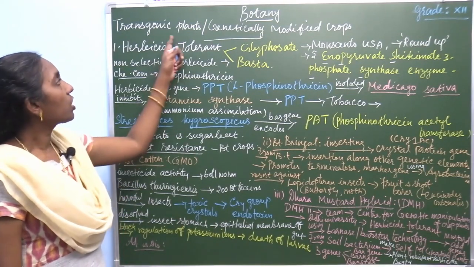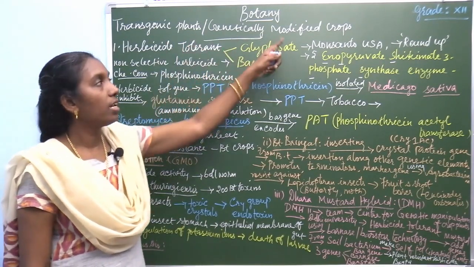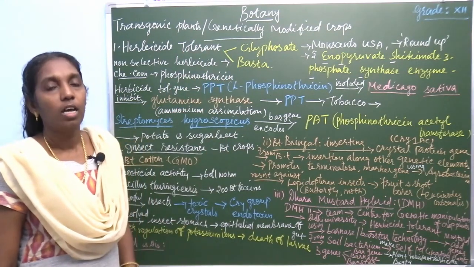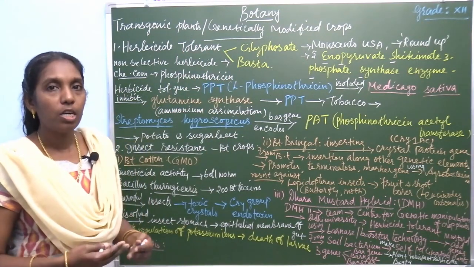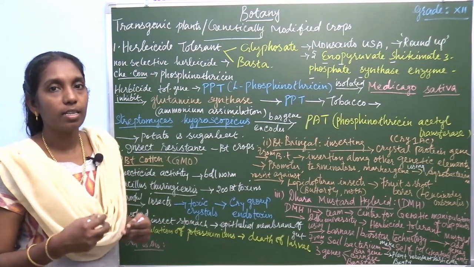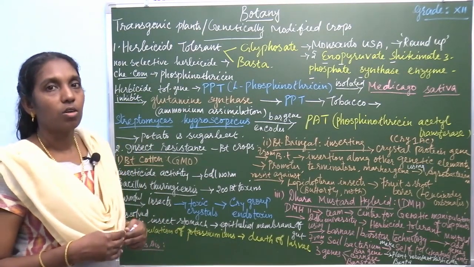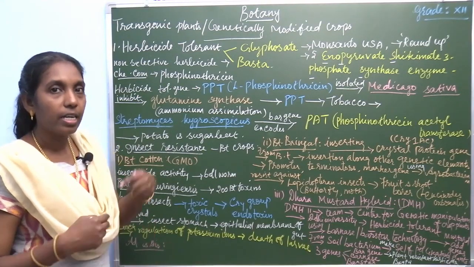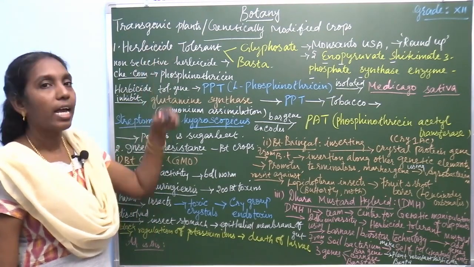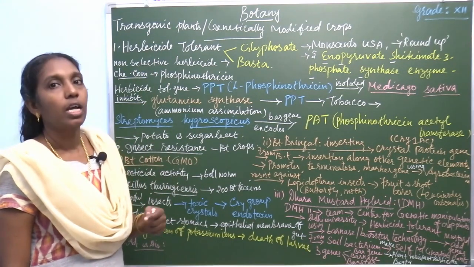In such a way, these transgenic plants are genetically modified crops. The crops can be modified by introducing certain types of genes. In such a way, the genes or the plants are modified and create a new variety called transgenic plants.